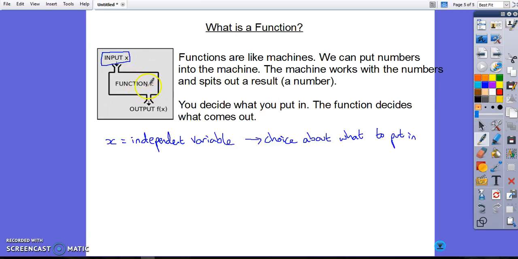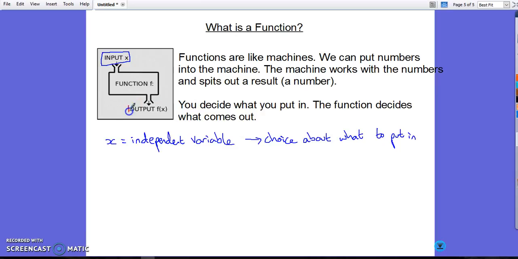Then we have our function that creates the output value. And this is known as either f of x, so the function of x, or it could be known as y, which is sometimes helpful in graphing functions.